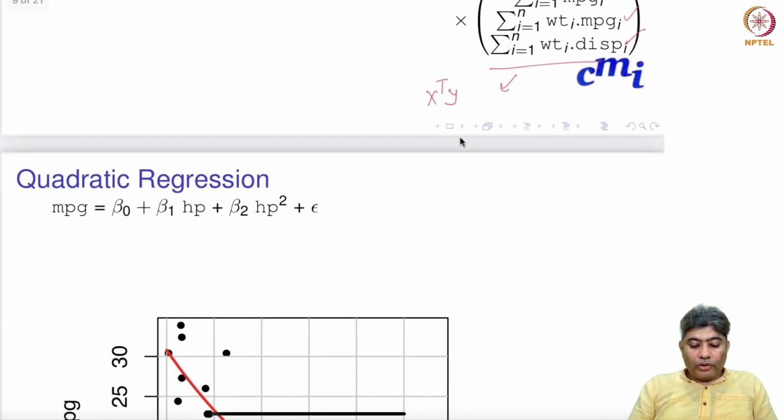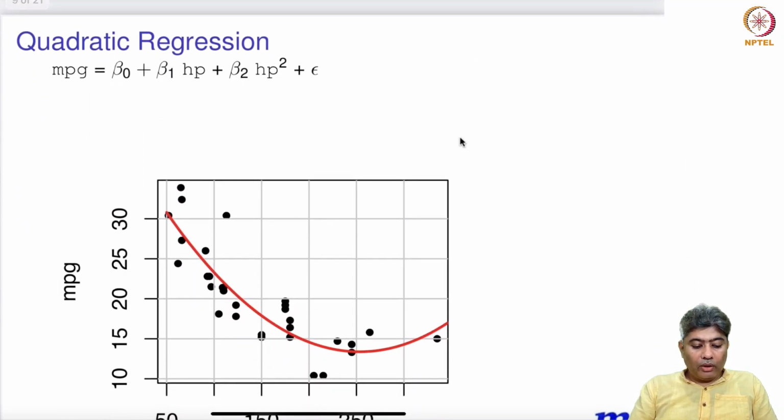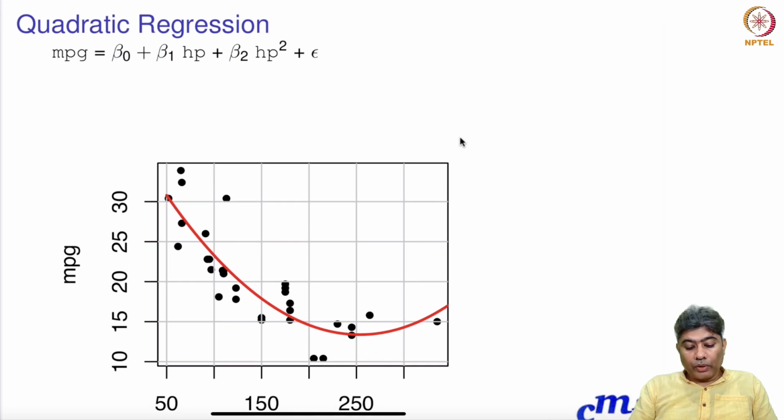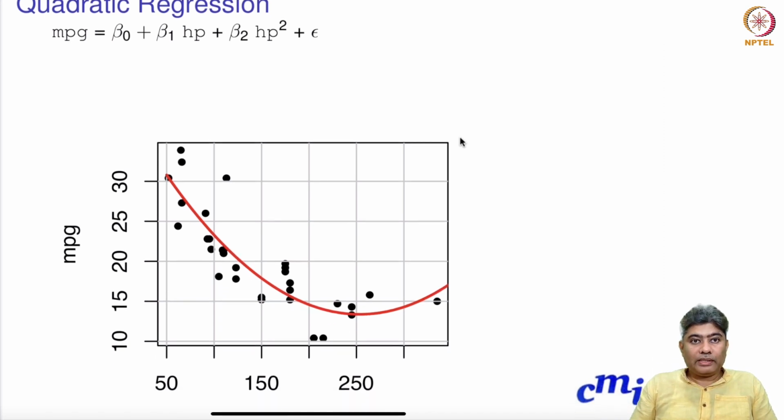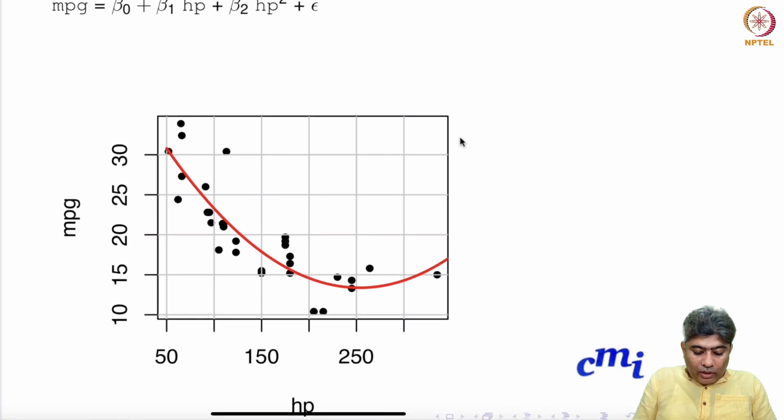Next, we will move on to a new topic called quadratic regression. In quadratic regression, in the same mtcars data set, we have miles per gallon and horsepower. We are plotting horsepower on the x-axis and miles per gallon on the y-axis.